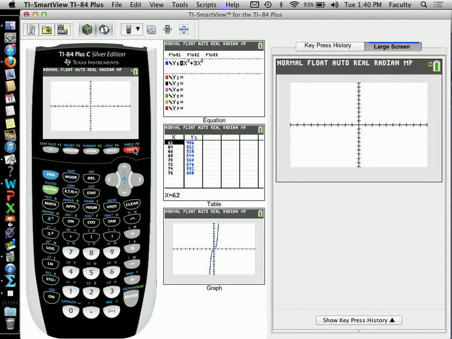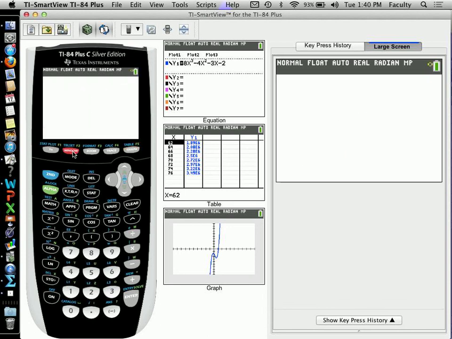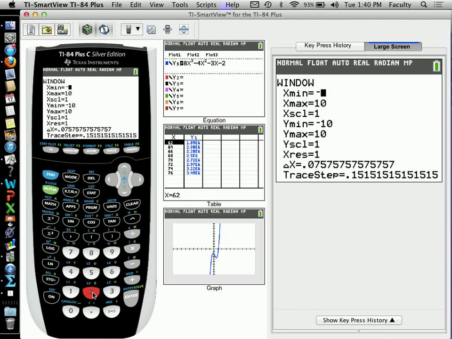Okay, looking at letter B, something I want to point out to you is this really is not a good looking window. And you should, as a pre-calculus student, begin to understand when you're using your calculator that you can make adjustments to this window. This is just taking up a teeny tiny space. So I'm going to press window, and I'm going to go -2 to 2.